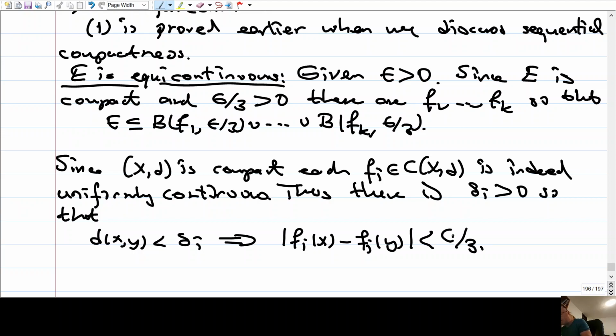So I work with the same epsilon over 3. Since this function fi is continuous, there is such delta i.